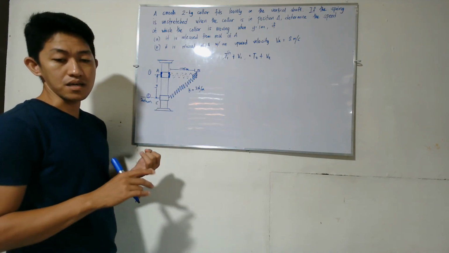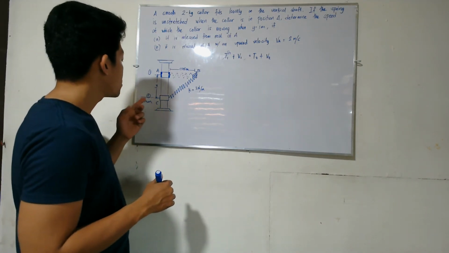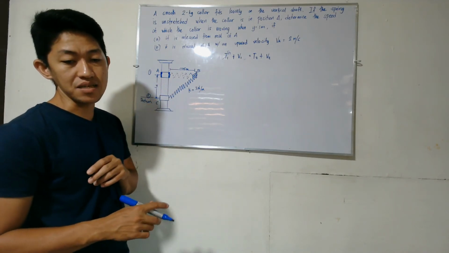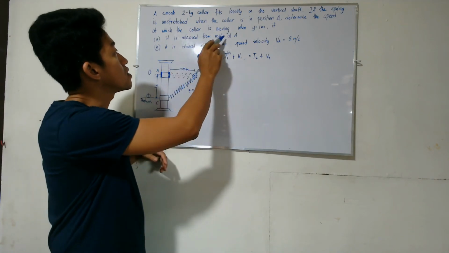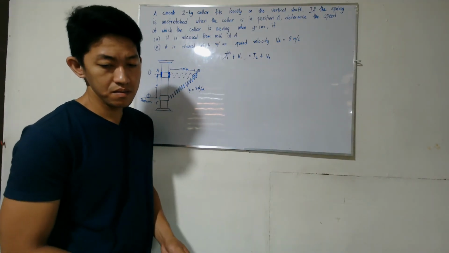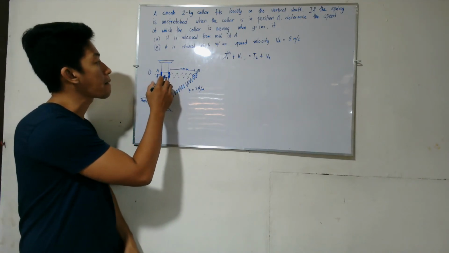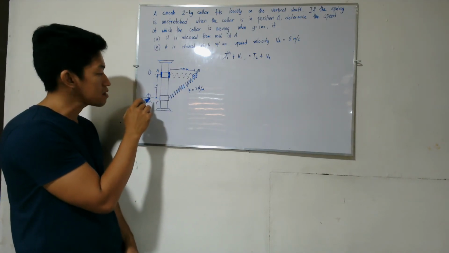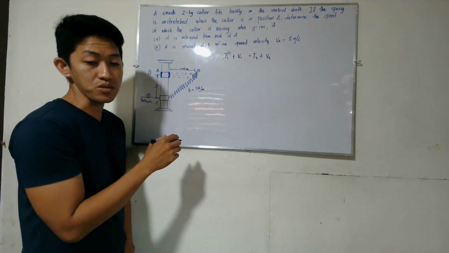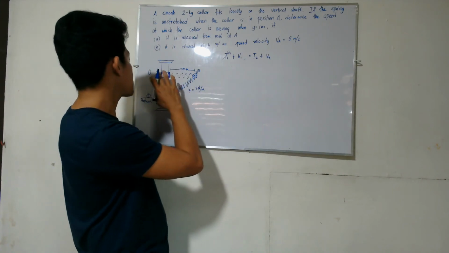What are the potential energies? We have gravitational potential and elastic potential. Now, for point 1, there is no elastic potential energy because the spring is unstretched. Since our collar is higher than our datum, we have the gravitational potential energy. Therefore, we have mg times y, right?